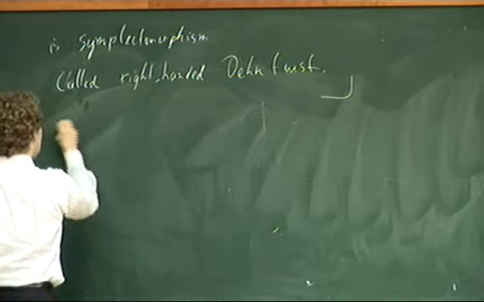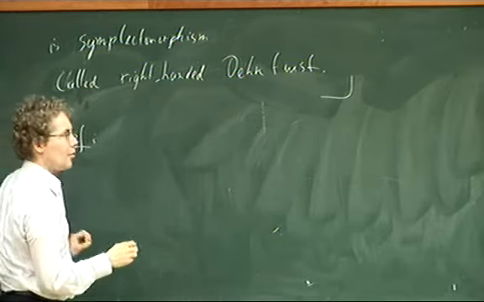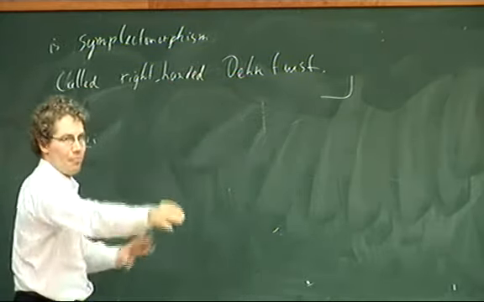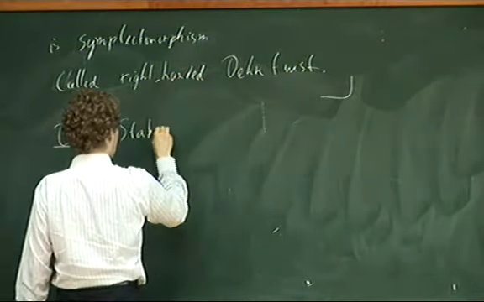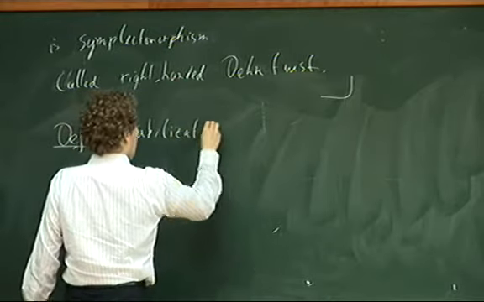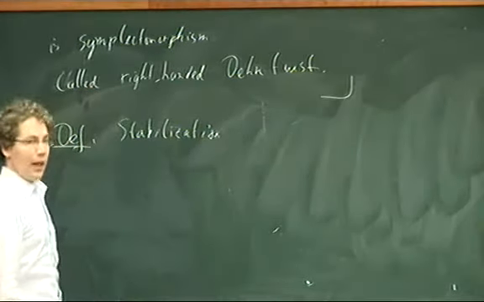So now we define the notion of stabilization. This is kind of the non-uniqueness in that part, and probably addresses your question. So, definition of stabilization. The idea is the following.